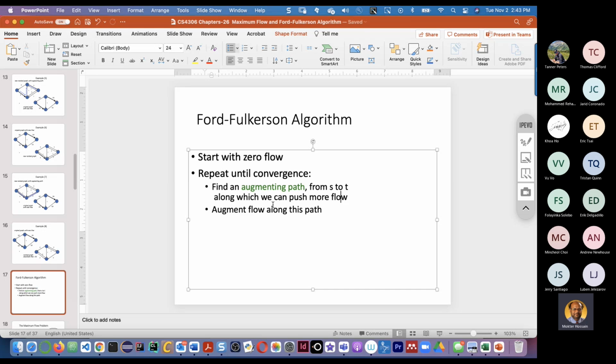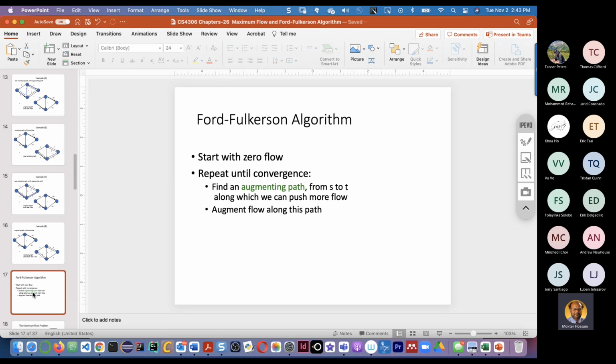That means continuously it will be pushing more and more flow, and augmenting flow along this path. So this is very straightforward in a way.